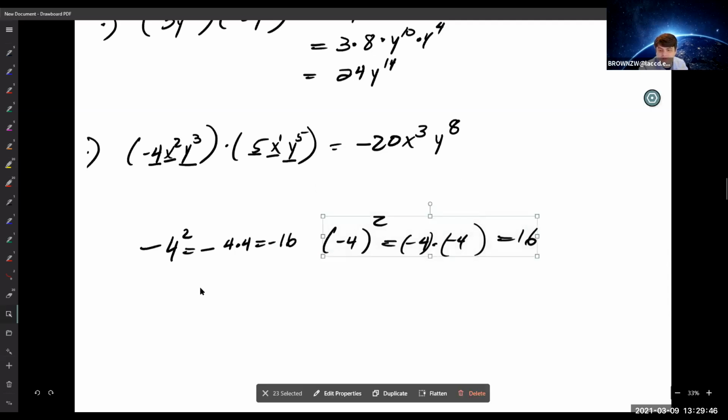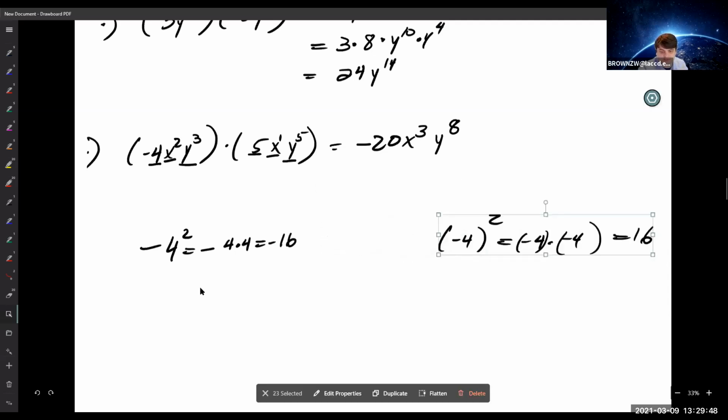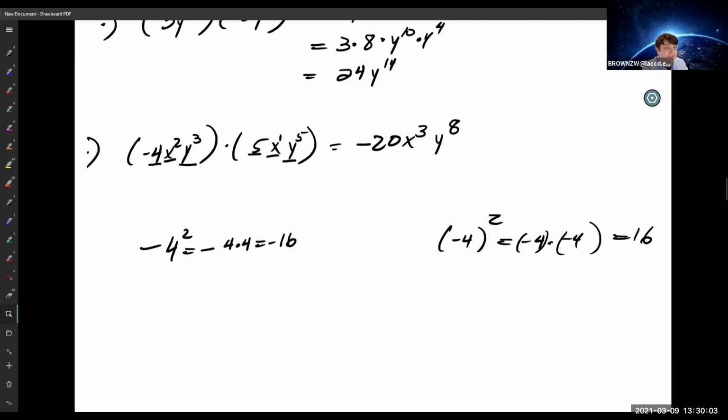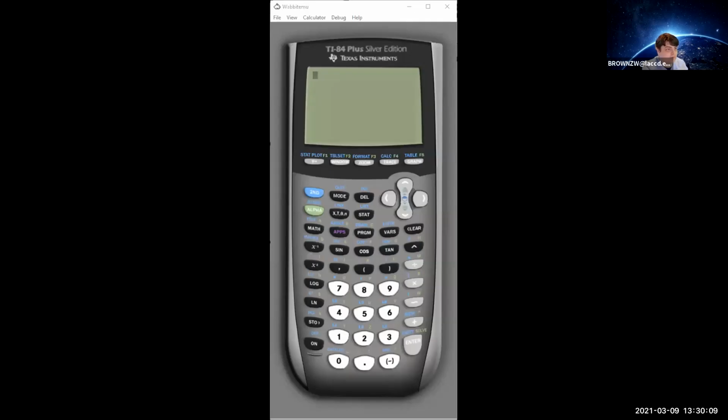And this is more a notational difference than it is anything else. But if it's not in parentheses, you do the exponent part first and then apply the negative symbol. The only time this is going to come up is when you're dealing with this type of stuff in a calculator.